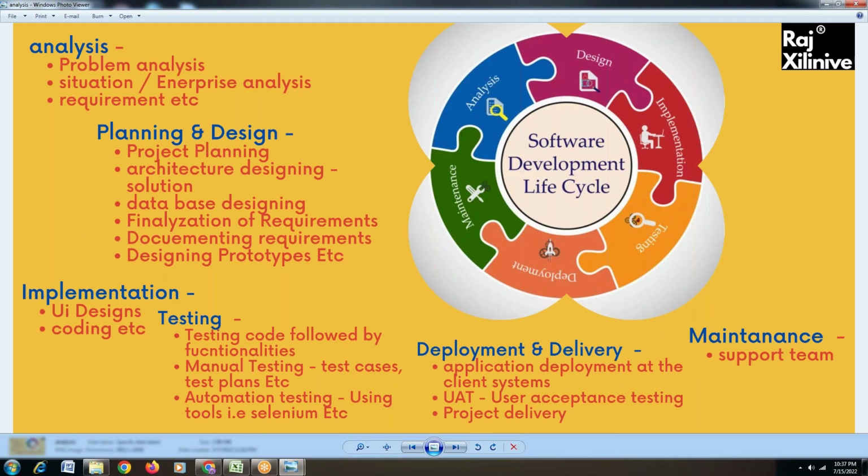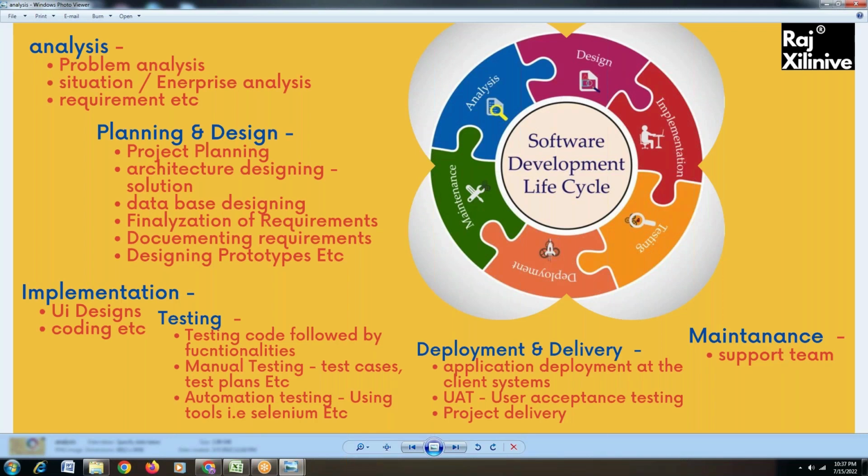So planning and design is the phase where the project management team, business analyst team, followed by the architect team will be involved. So that before they develop the code for any project, how to develop the project, what kind of model we require to use, how to use it, what are the different stages we have, right?